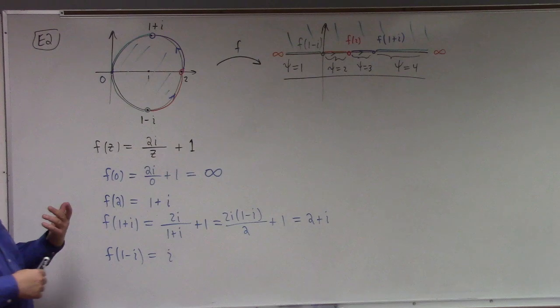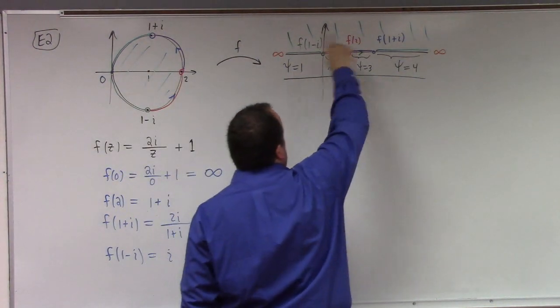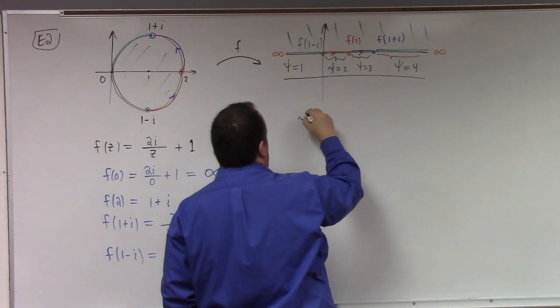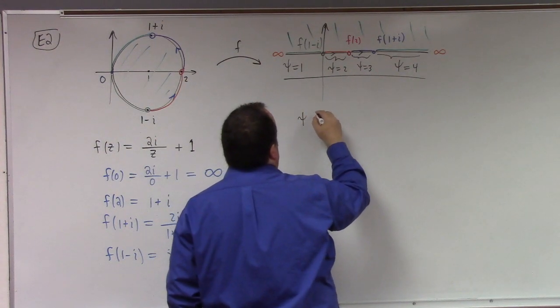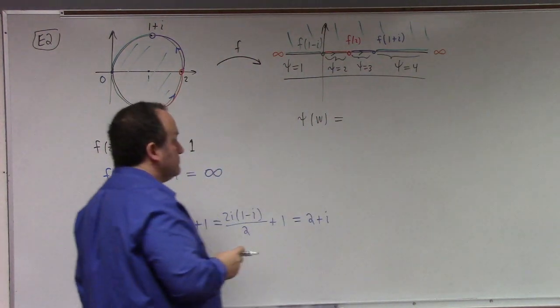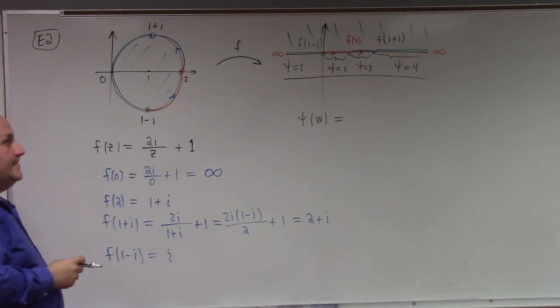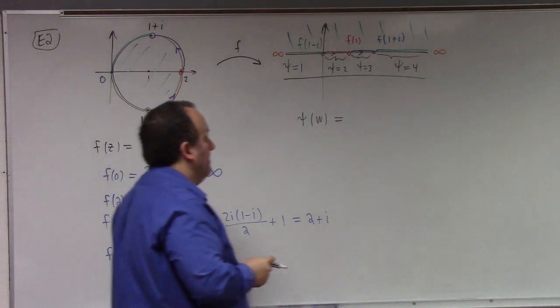Okay, so you guys help me out. What's the formula for the solution to Laplace's equation up here? Psi of w equal to what? Looks like you'll need 3 args and a constant.